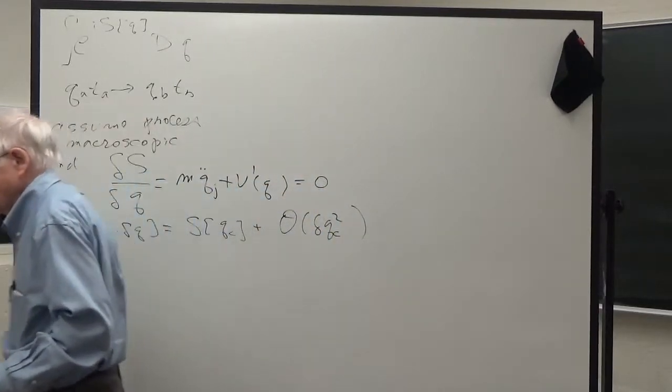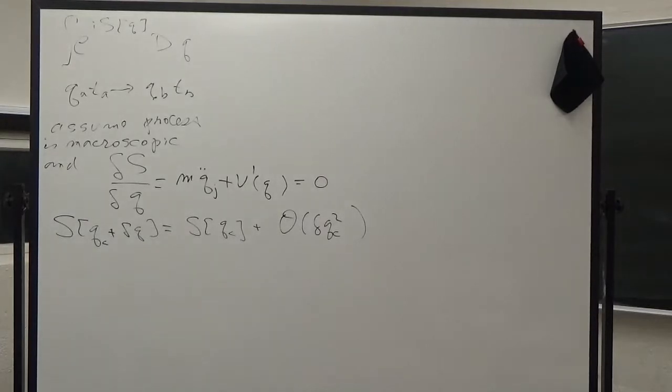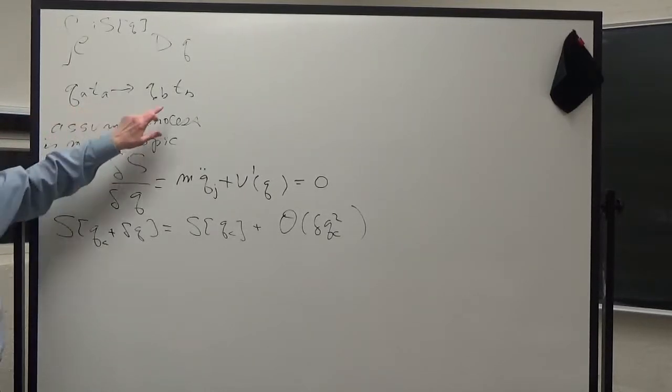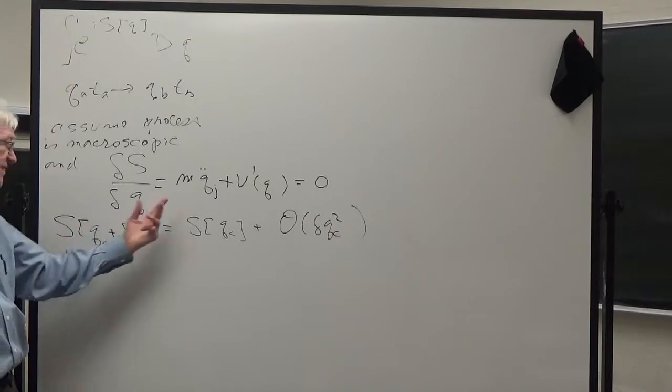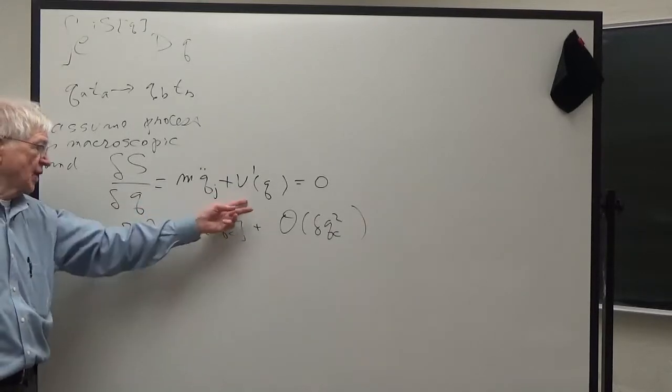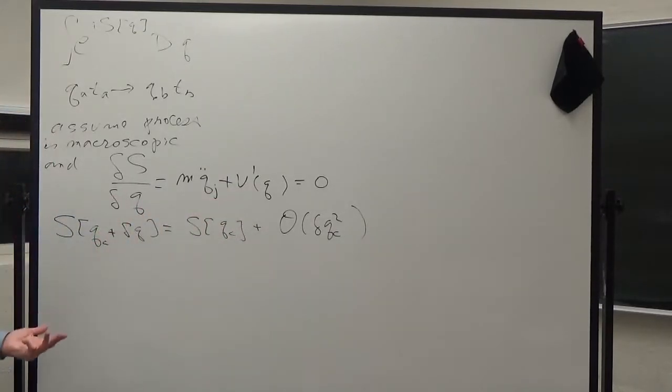So the whole idea is that the first order variation is 0. In other words, if it's a macroscopic process and there is a classical path to go from QA to QB in the time interval, then that process satisfies these equations. These equations, Lagrange's equations, are the ones that say that the action is stationary.